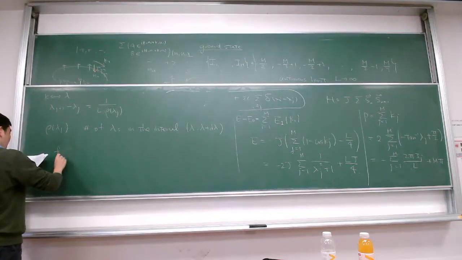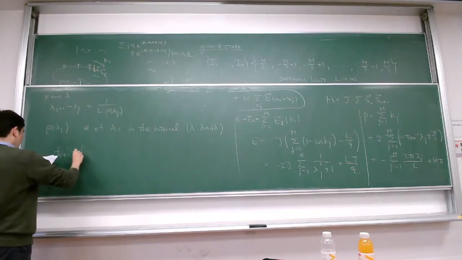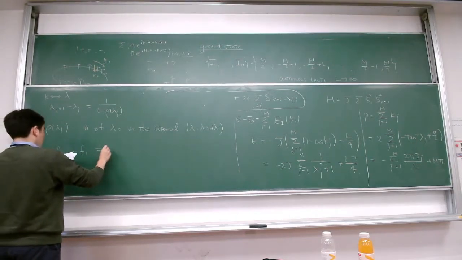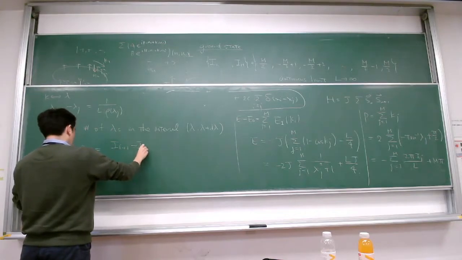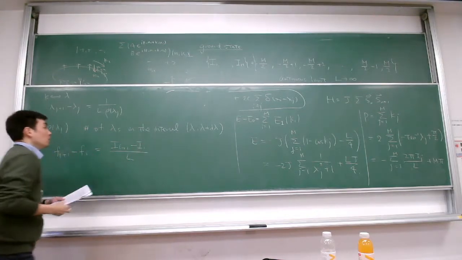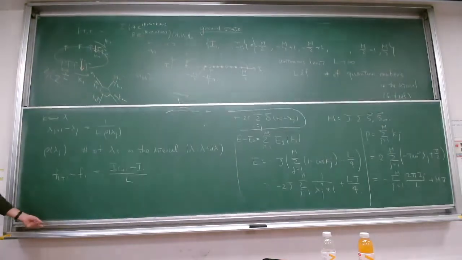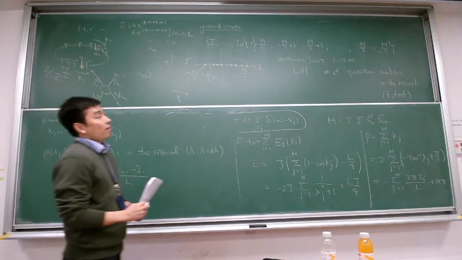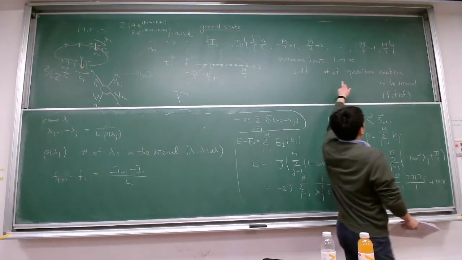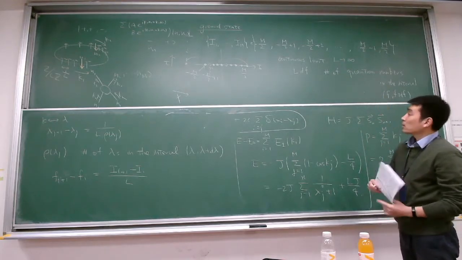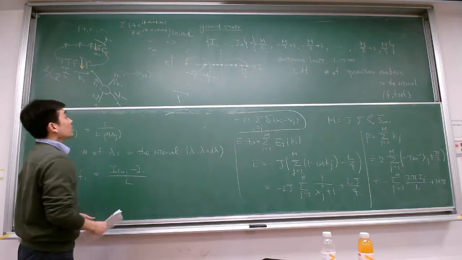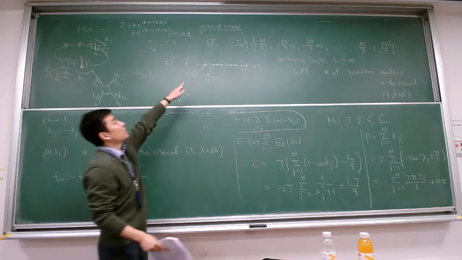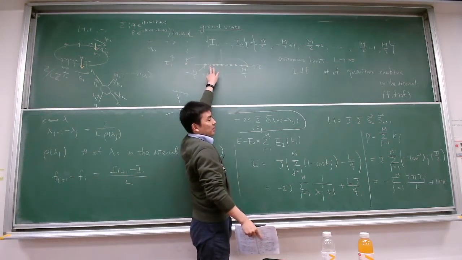Indeed, f of I plus 1 minus f of I is equal to I plus 1 minus I over L. F is the density of the quantum number I, and we know that in the ground state the Is are just next to each other.